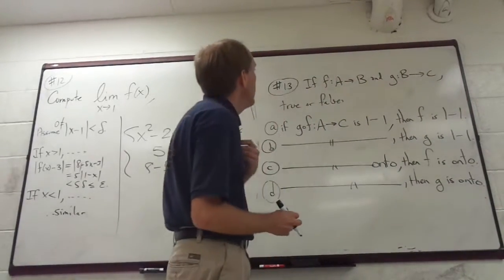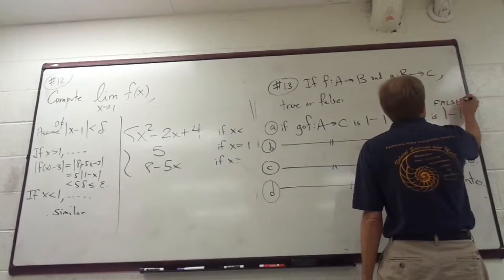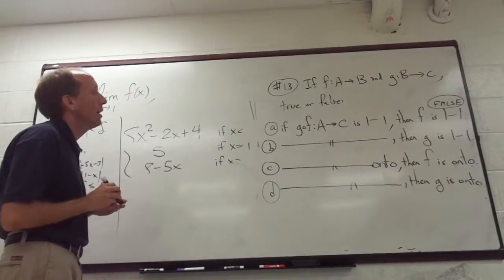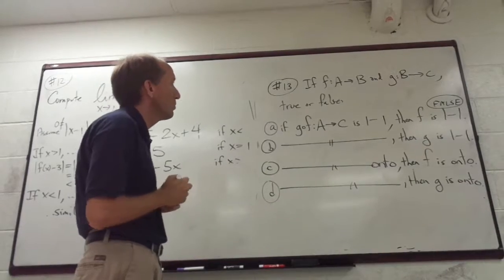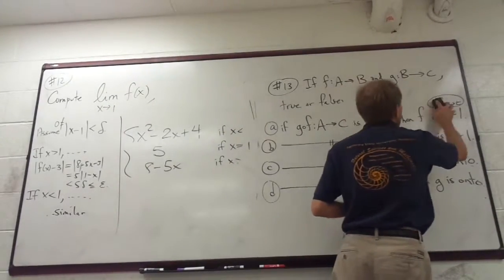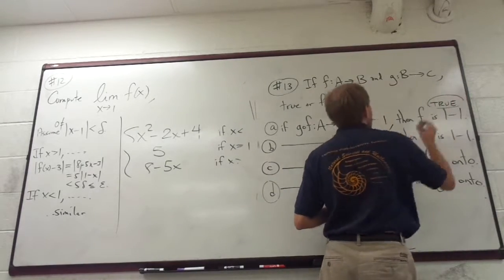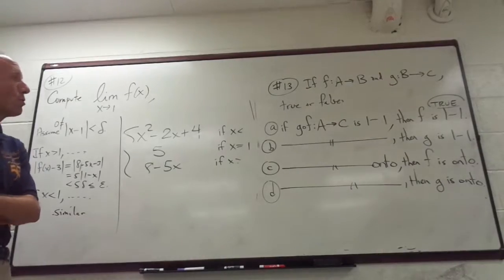So the first one is false. No, I'm sorry, the first one is true. I'm confusing you now. If f is not 1-to-1, then the composition won't be 1-to-1. Sorry, so the first one is true.